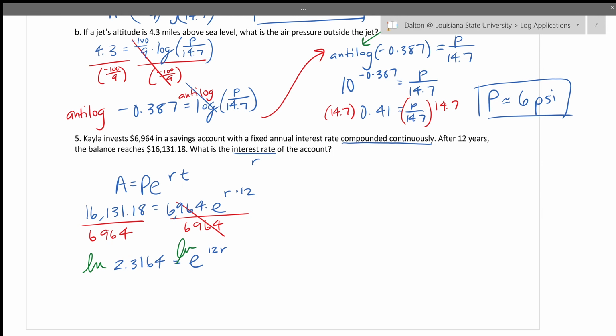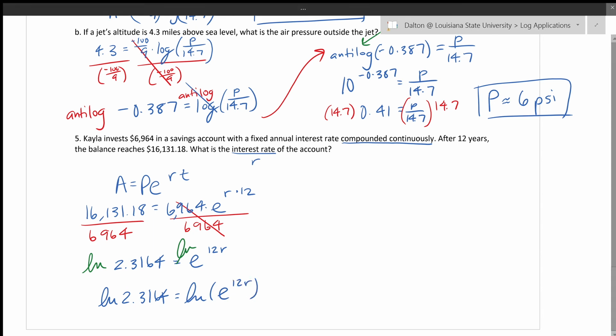When you take the natural log, on the left-hand side, we just have the natural log of 2.3164. On the right-hand side, when you have the natural log of e to the 12r power, this 12r, by our logarithm rules, is going to come out front.